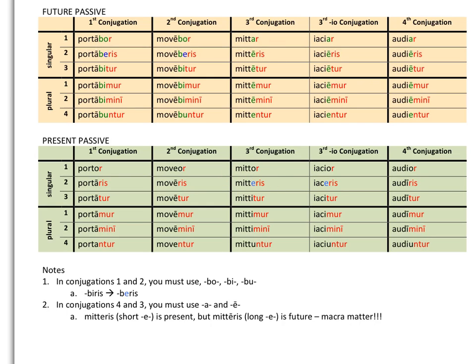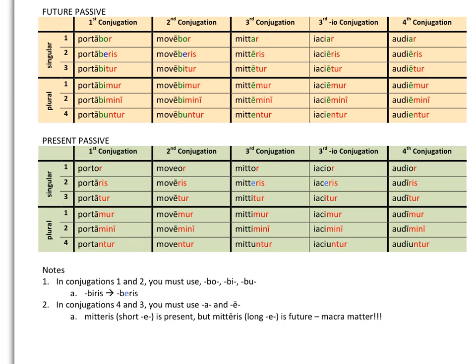Because this is where we have that E change, the same one that we're seeing up here, we saw already down here in the present passive. That means that materis with a short E, which you can see right here, is present. But materis with a long E is future. So those macrons really do matter. And that is how you conjugate in the future passive.